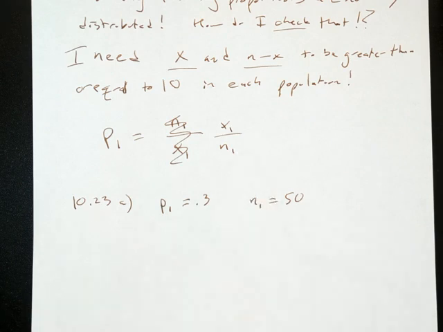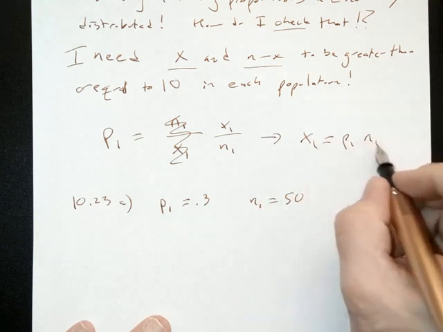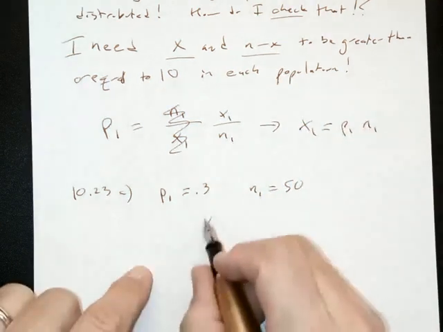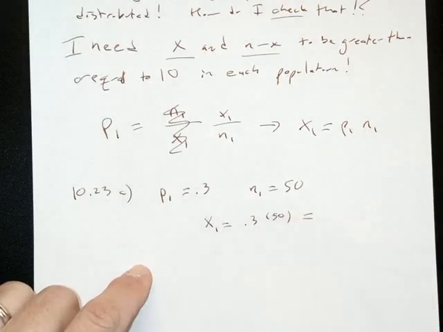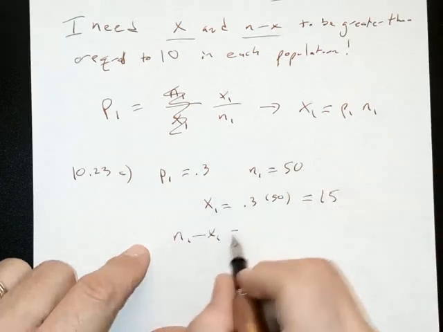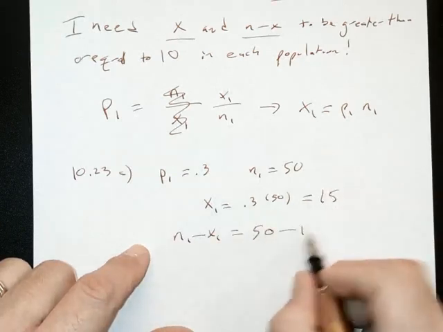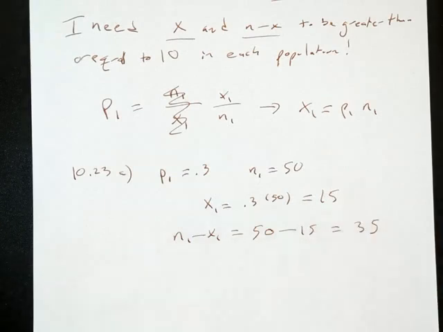To get X1, I multiply the proportion times the number of people. So X1 is 0.3 times 50, which is 15. And that means that N1 minus X1 is also bigger than 10. I have enough successes, enough failures, enough in each category for me to assume this is a normally distributed proportion.